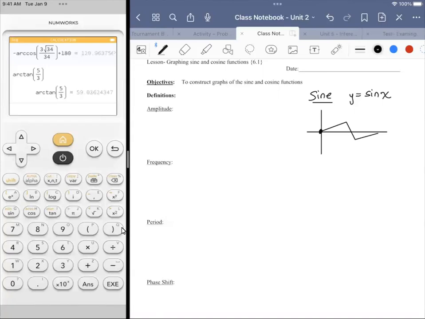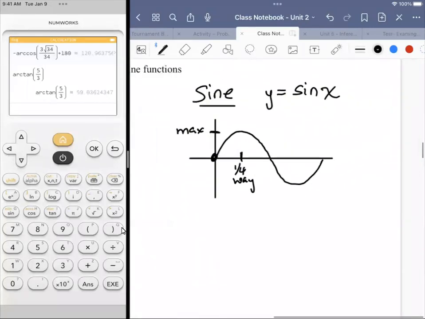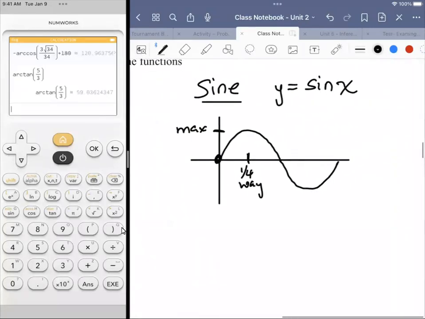That was shaping up to be a pretty good looking graph too, or sketch, I should say. All right. So it's going to hit its maximum at the 1/4 waypoint. It's going to hit the midline.